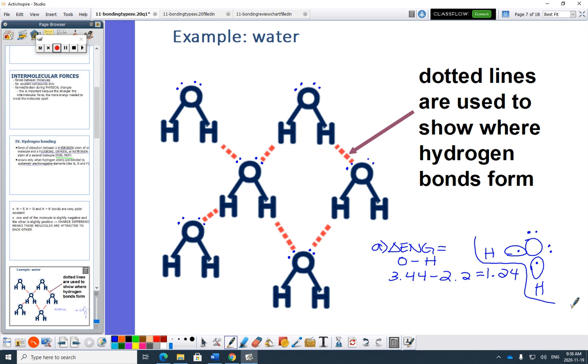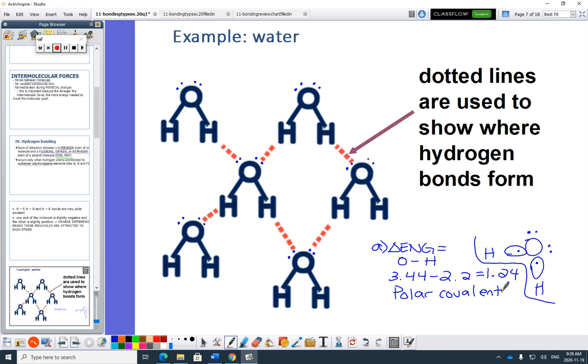So then you would say, okay, 1.24, that is going to be polar covalent. I just used the chart down here. Also don't need to memorize, just have to know how to use it. But now, when you have polar, then you want to go check your structure, okay? Polar covalent means unequal sharing, so I have to label it slightly positive and slightly negative.